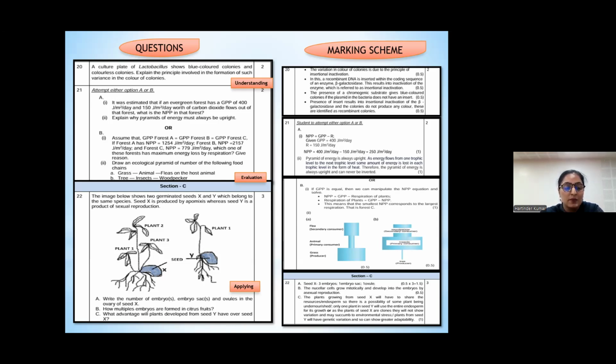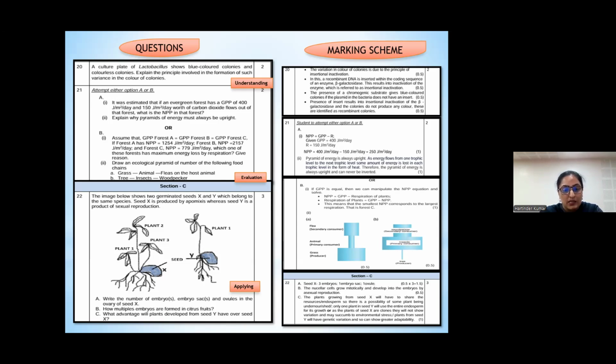And very simply, the student can explain that the previous level organism cannot eat the next level organism, which has already been dead, which has already been eaten. So pyramids of energy, they have to justify this statement by explaining it in detail. So justification, explaining, that is evaluate.